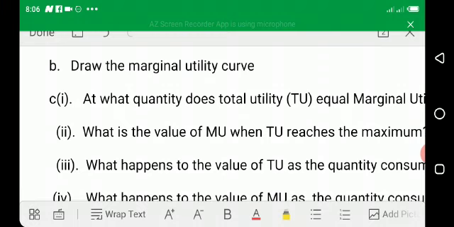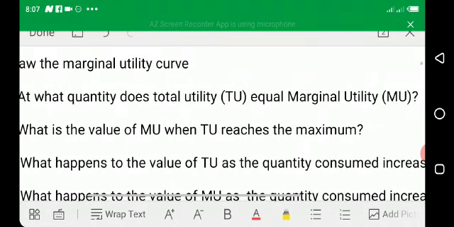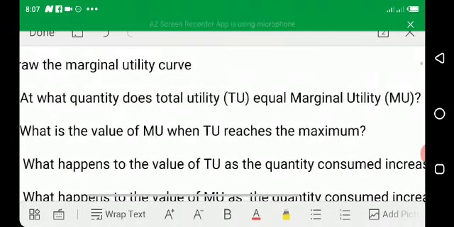Then at what quantity does the marginal utility... but one thing we should know while we are trying to answer B is that, when the table has been completed, we are making use of the information we have right there in the table to draw the marginal utility curve. Then at what quantity does the total utility equal marginal utility?